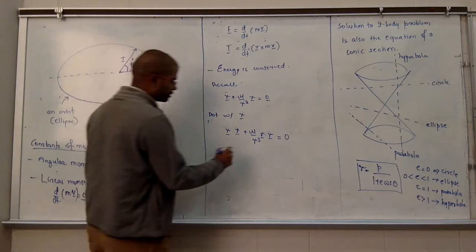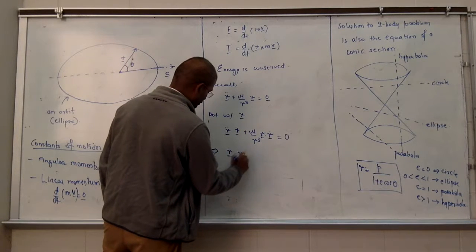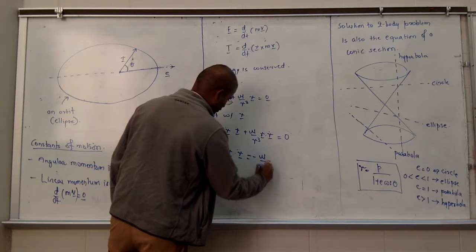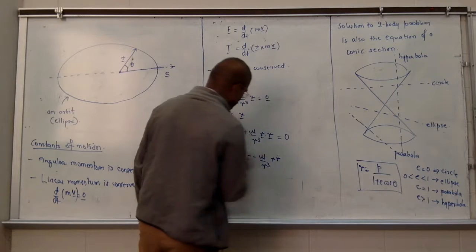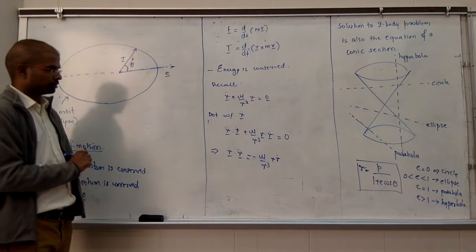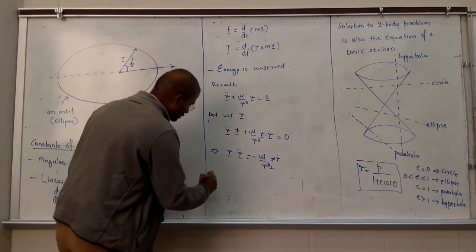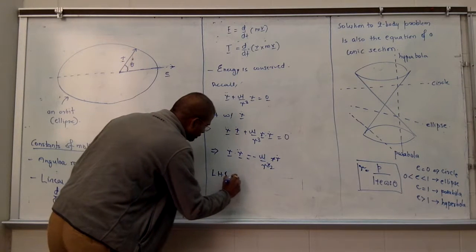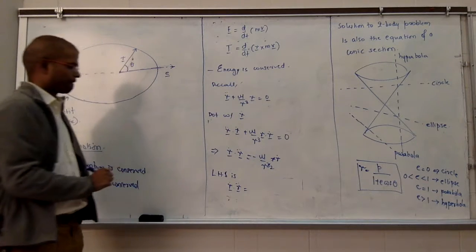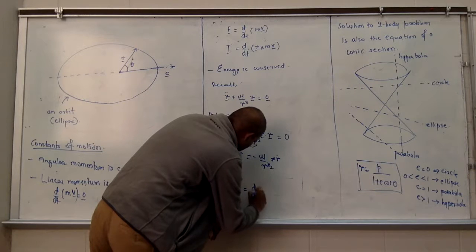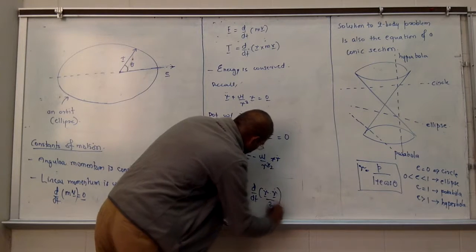alright. So this implies, let's see, hand side, which is d over dt of this.